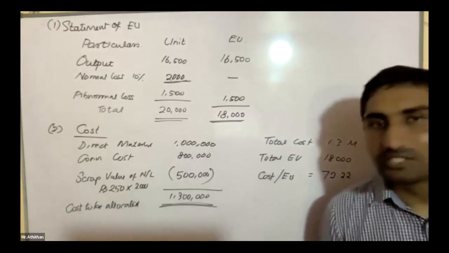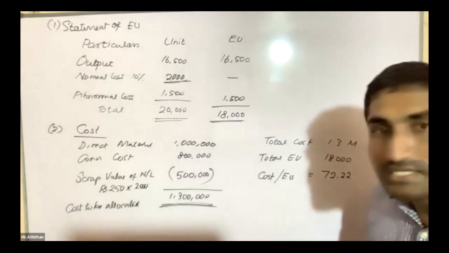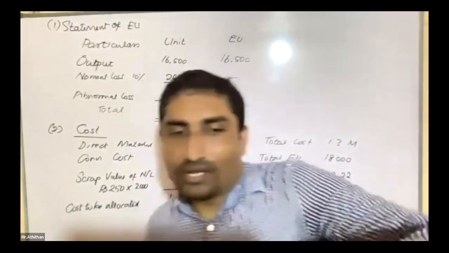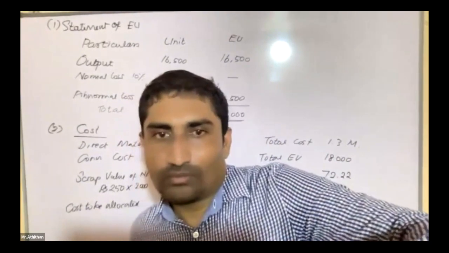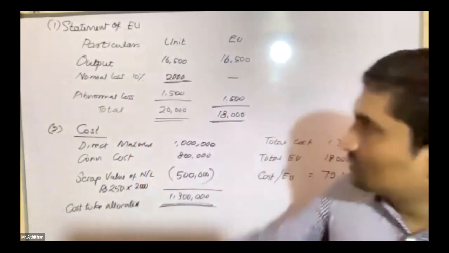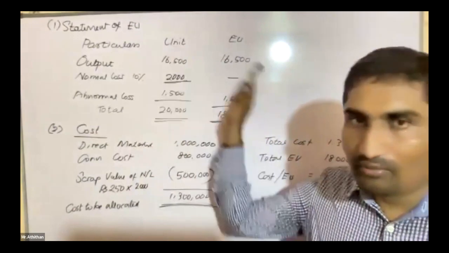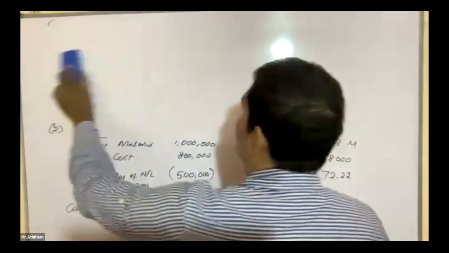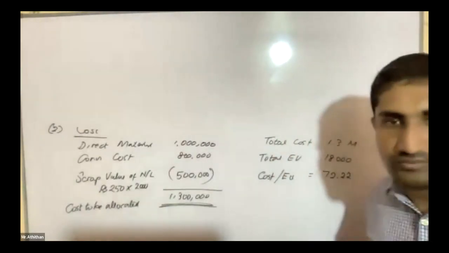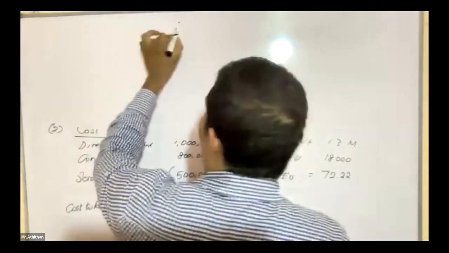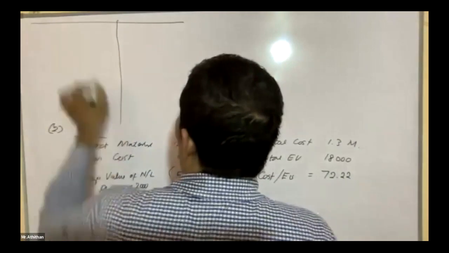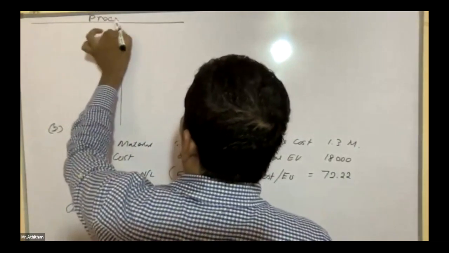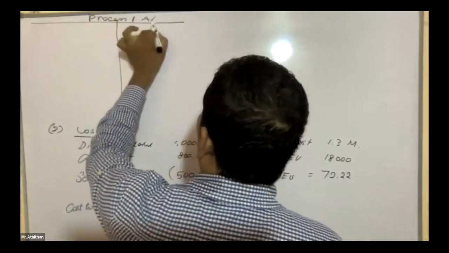Right. Now with this we can do the process account. I'm removing this part since I don't have much space. Process 1 account.